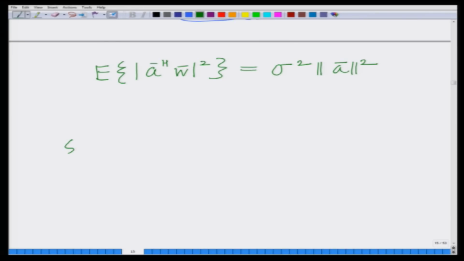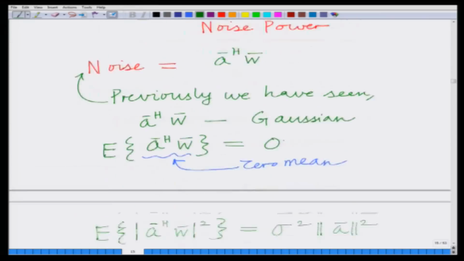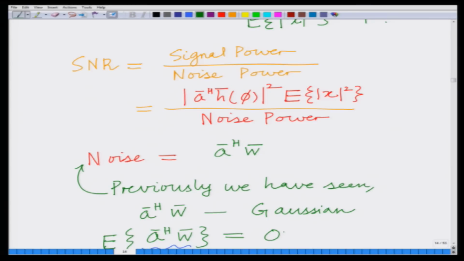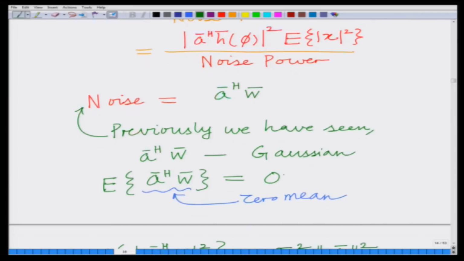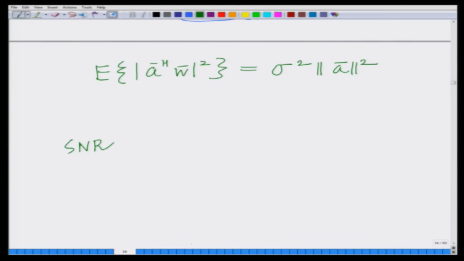Therefore, the SNR becomes, remember previously we had said, SNR equals magnitude A bar Hermitian h bar phi whole square times expected magnitude x square, that is the signal power P, divided by the noise power, which is sigma square norm of A bar square.